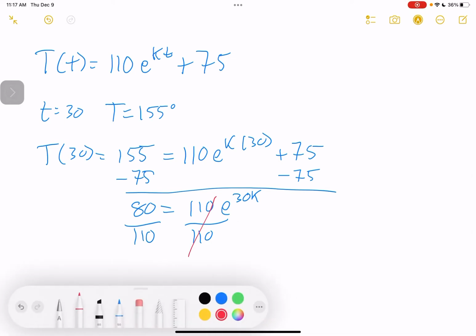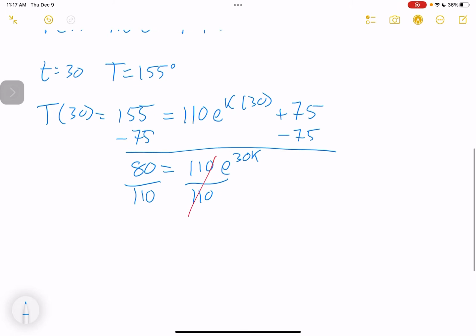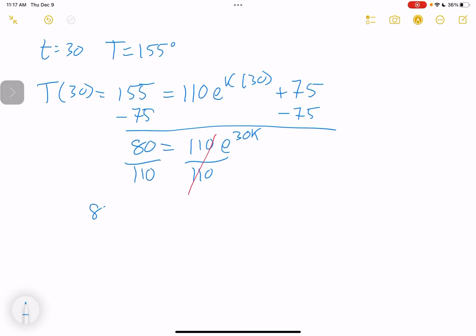There's a part of me that wants to simplify that 80 over 110 to be like 8/11ths, but I'm going to leave it like this so I don't confuse anyone. So we have the 80 over 110 equals e to the 30k.